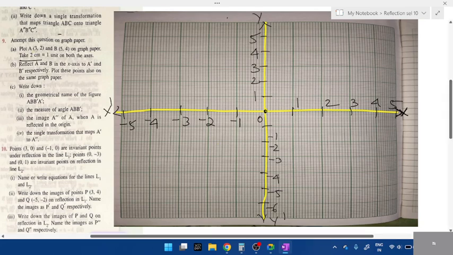Look at A, students. What is A? Plot the points. Which quadrant? Both are positive. Yes, 3 comma 2. Okay, next.